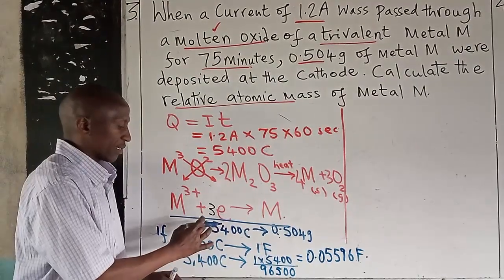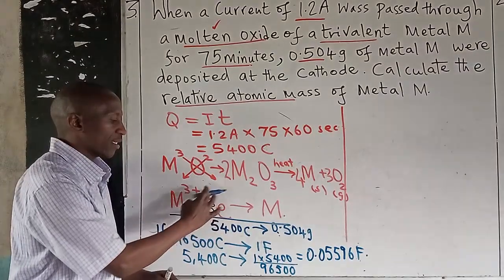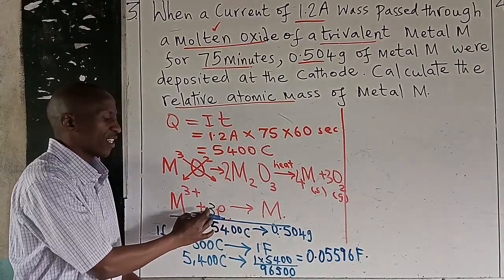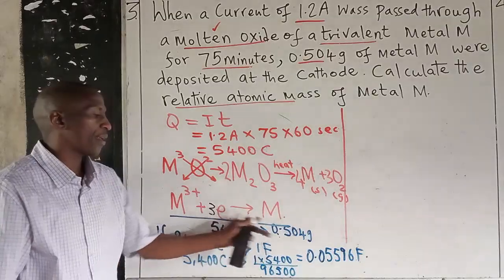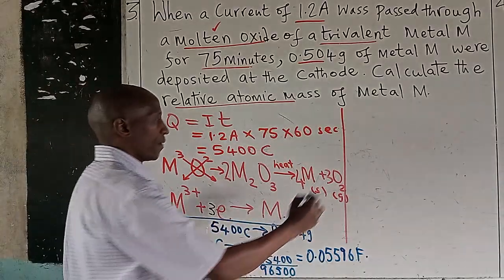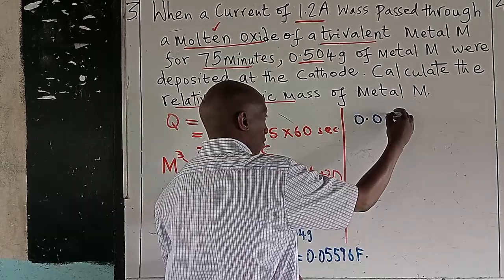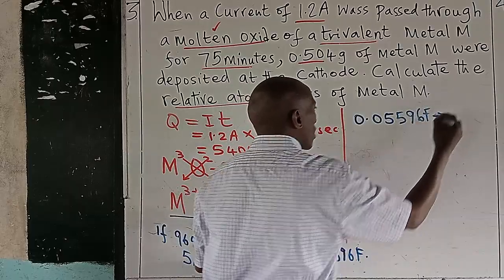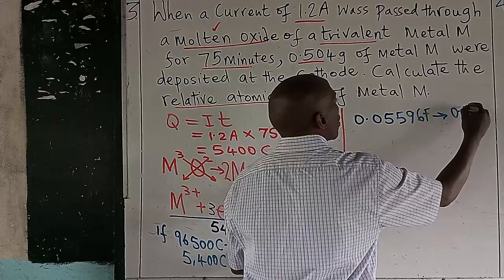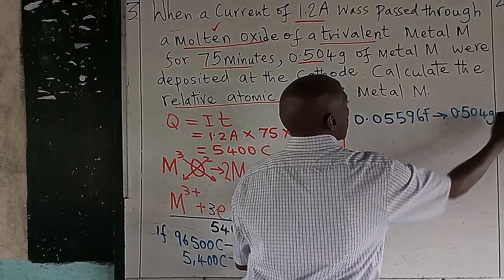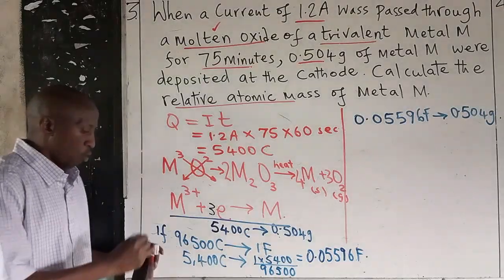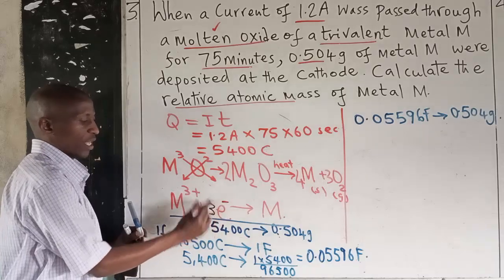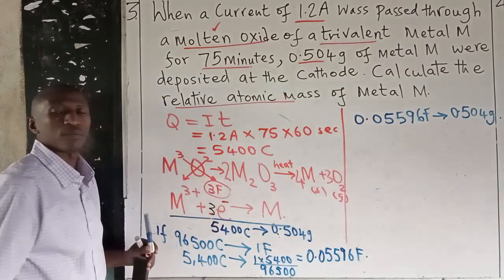Now, the question is, 1 mole of this required 3 Faradays. So with that we can argue that if 0.05596 Faradays deposit 0.54 grams, what about these 3 moles of electrons, which represent 3 Faradays?